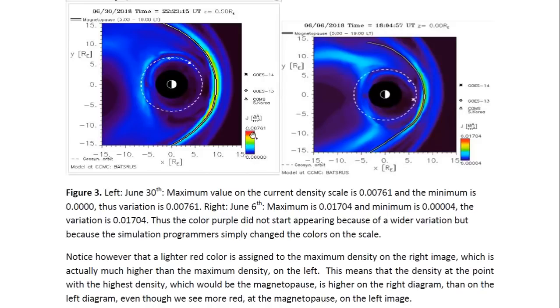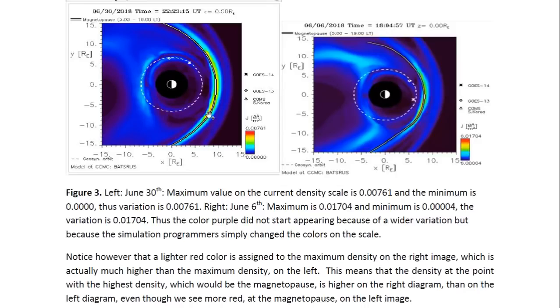So we have a darker red assigned to a maximum value that is actually much lower than the maximum value here, and we have a paler, more orangey red assigned to a maximum value which is higher than there.